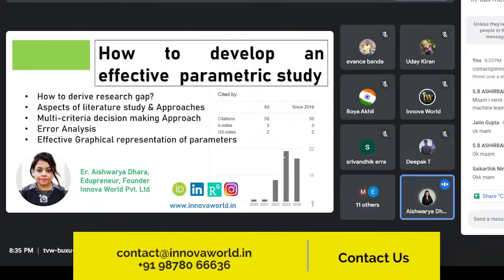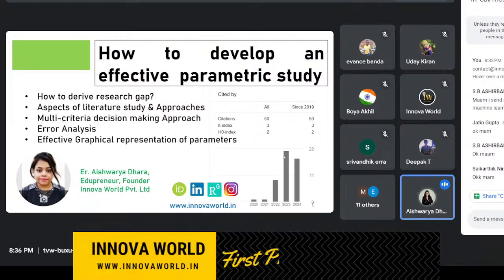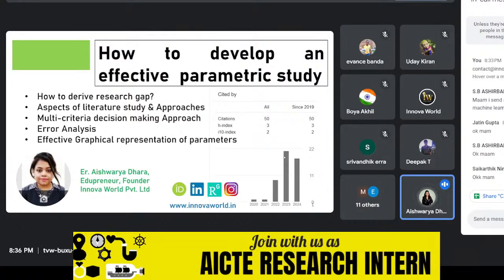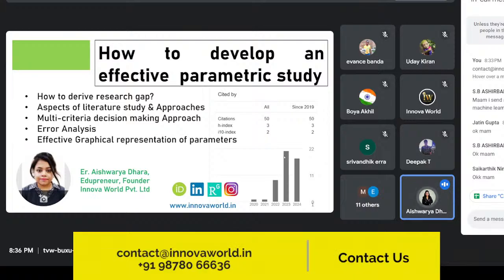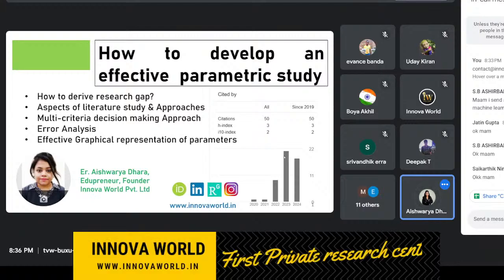Keep in mind this will help you create a good publication record. If you have a good publication, it is directly proportional to gaining very good knowledge and to getting a very good job, whether you're going for higher studies or for a job. Both ways, it's going to help you.